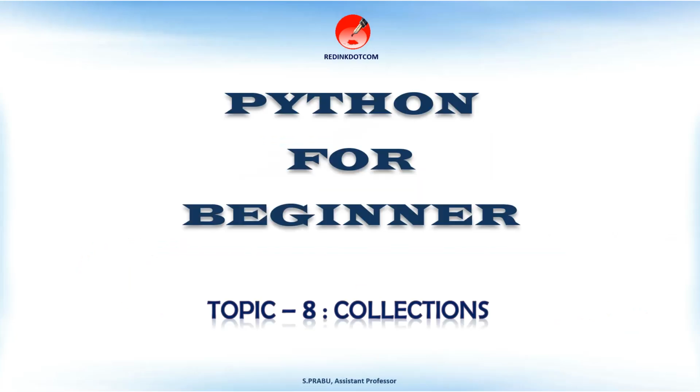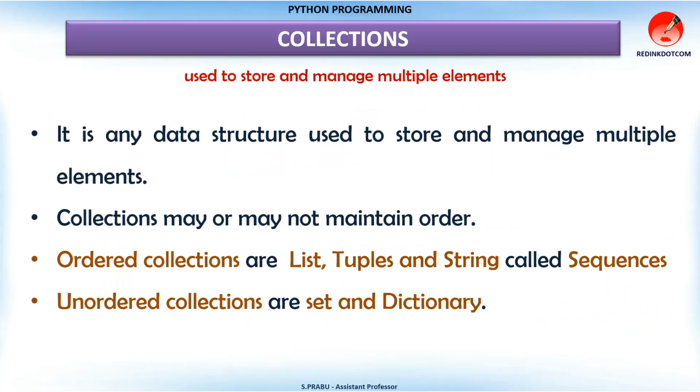In this collection part, we will learn how to handle multiple data items in Python programs. Collection refers to any data structure that is designed to store and manage multiple elements. These elements could be numbers, strings, or any other type of data.